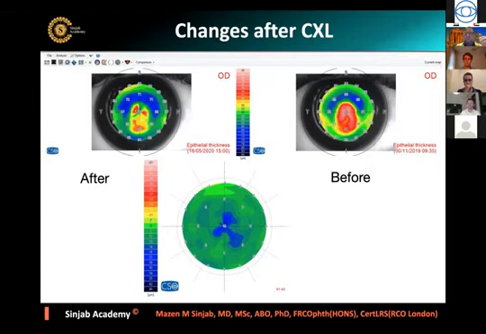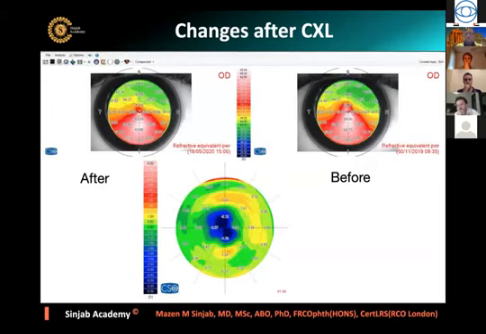So one of the clues that can reassure us that the cross-linking has worked is epithelial thickening, because sometimes we cannot see this effect using the elevation map or the tangential map, as you saw in the previous two slides.